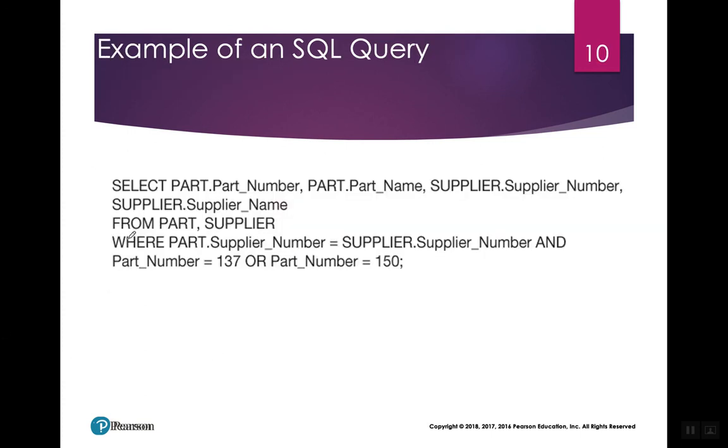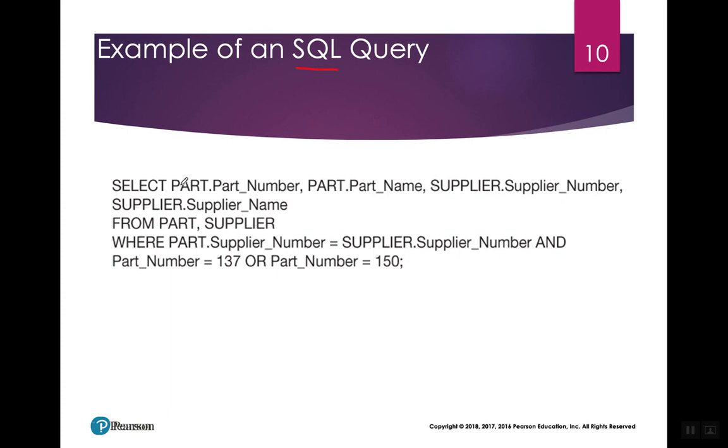Now the language we use, and you may have heard this before, is SQL, which stands for Structured Query Language. It's the language that we, as people or programs, use to talk to the DBMS, to tell it what we want it to find for us in the database. Here are the rules we want.